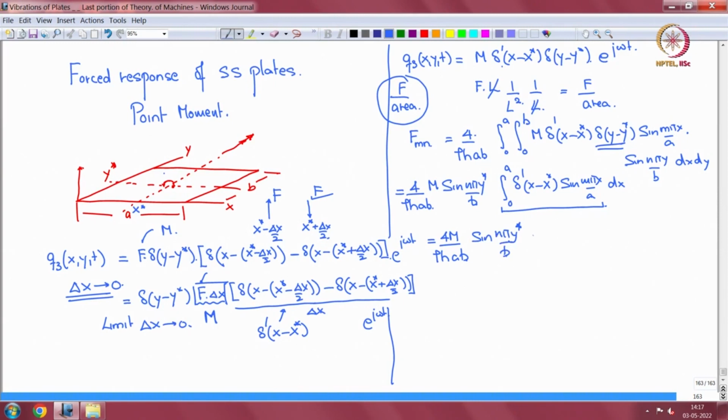Now the first term here is sine m pi x by a delta of x minus x star from 0 to a, minus integral 0 to a, the integral of the first one, delta of x minus x star, and the derivative of the second, so m pi by a cos m pi x by a dx.